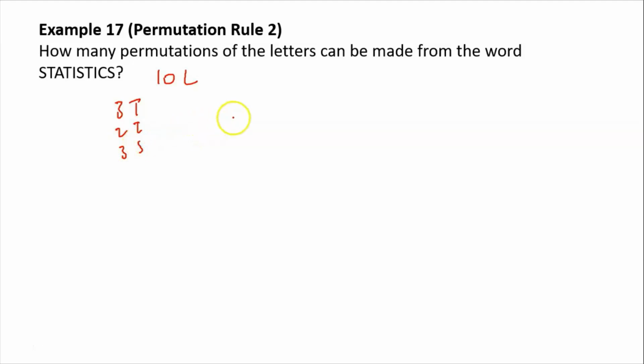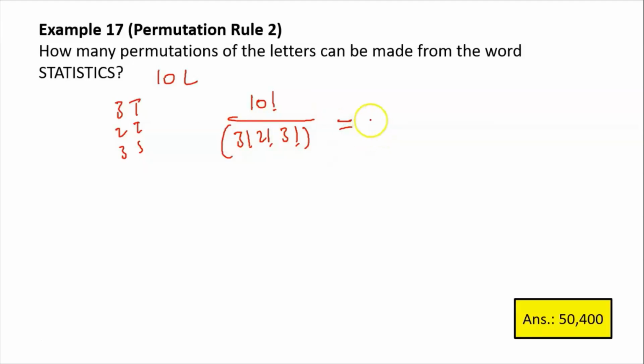And then the permutation for this problem will be 10 factorial divided by 3 factorial, 2 factorial, and 3 factorial. Whenever you want to calculate the number of permutations in your calculator, don't forget to put brackets for the denominator. And then you calculate this and you get the answer 50,400.